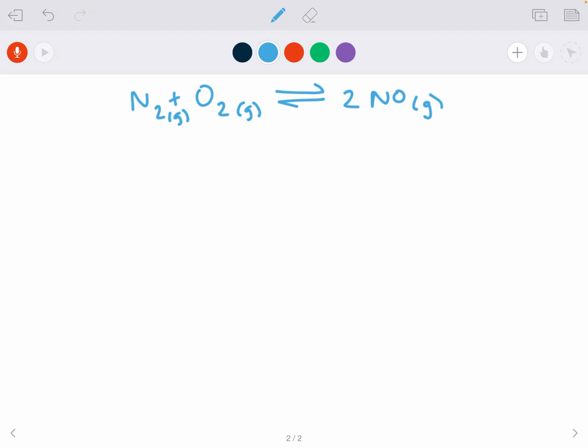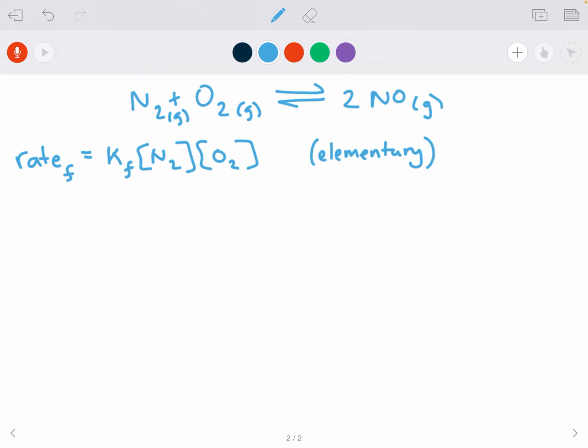Now, based on rate law, we can say that the rate of the forward reaction is equal to Kf, for K of the forward reaction, times the concentration of N2 times the concentration of O2. And we can say this because this is an elementary reaction. And remember from rate law, if something's elementary, you can use the stoichiometric coefficients as the rate order for the reactants.